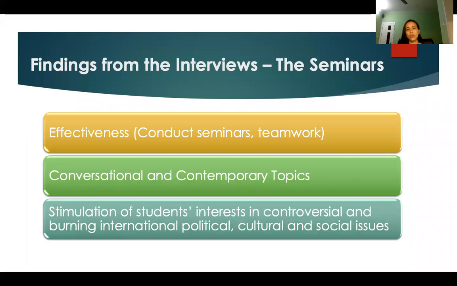The teachers also agreed that the seminars are effective in matching the learning outcomes, and the method in the seminars helped the students to acquire teamwork skills and the ability to conduct the seminars on given topics.